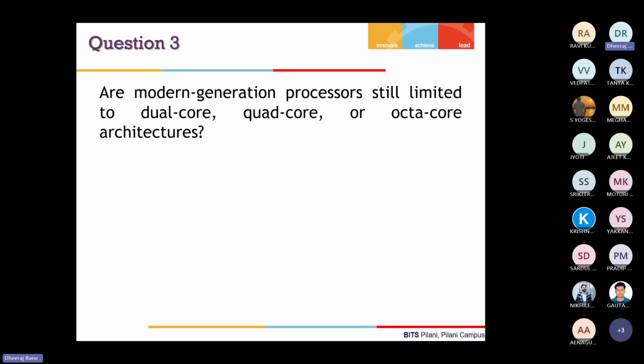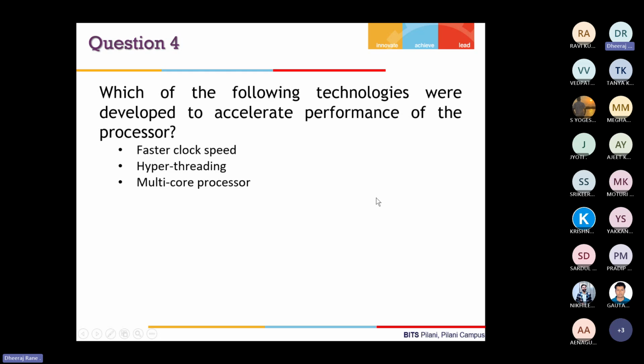Not dual core, quad core, or octa core. Rather, we can say multi-core, in the sense that nowadays, if we are having i5 systems, they come with 10 cores. Say i7 systems, they come with 14 and above, say 20 parallel processors or 20 cores. So that's why it can rather be called multi-core.